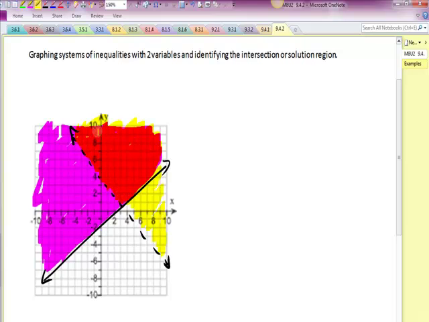And so this region right here contains the points that would make both of the inequalities true. Okay, so let's actually see what that's like in some examples.